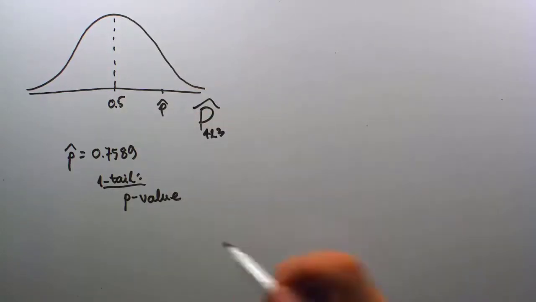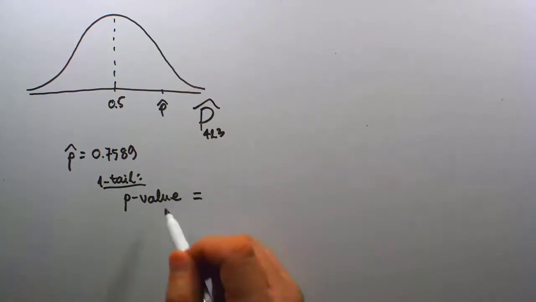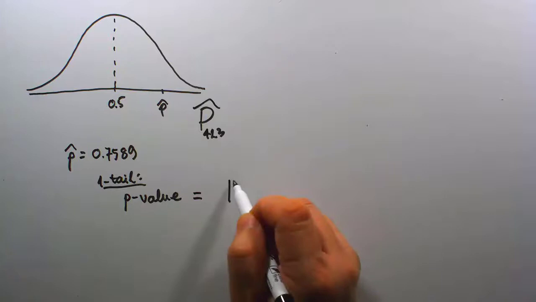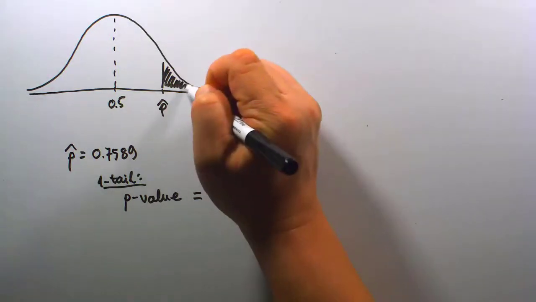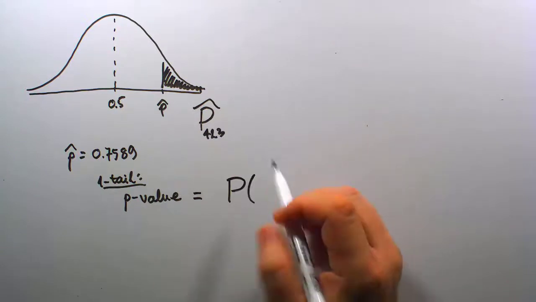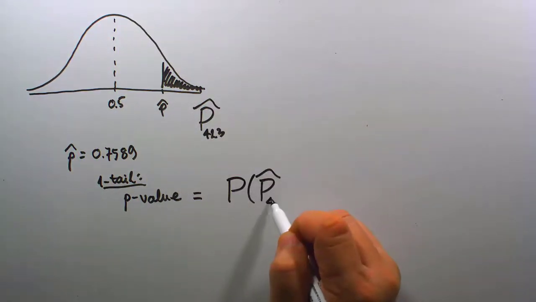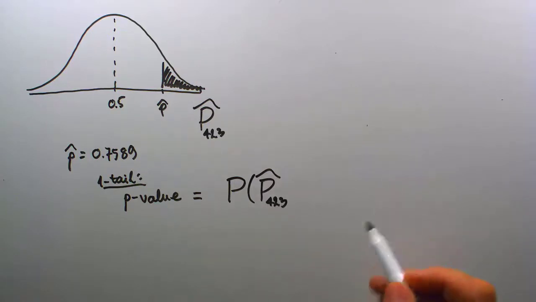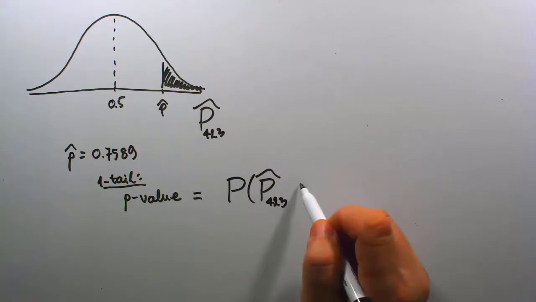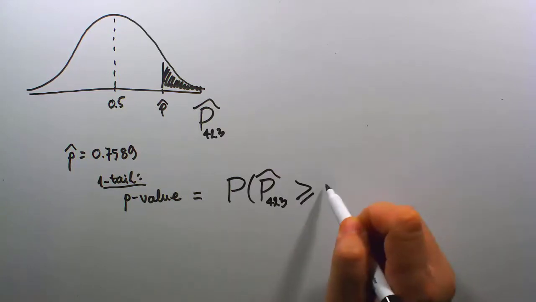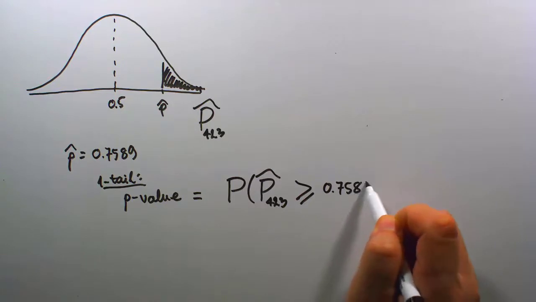So as a one-tail p-value, we can calculate the p-value as the probability, from where our p hat is, among all sample proportions at size 423, of having a p hat value greater than or equal to 0.7589.